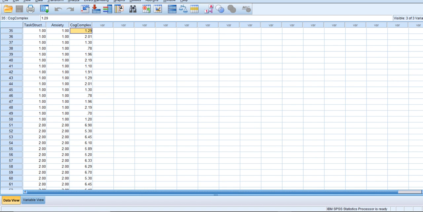When we have a very structured task, we have a low level of anxiety because we don't have anything to be anxious about. And our cognitive complexity is also low, because we don't have to do things that need very complex cognitive processing.